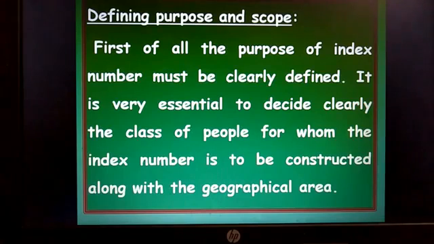First step in construction of consumer price index number, it is nothing but defining purpose and scope.